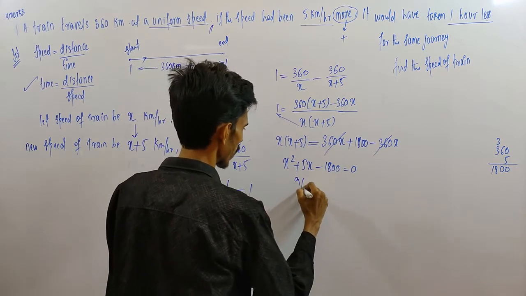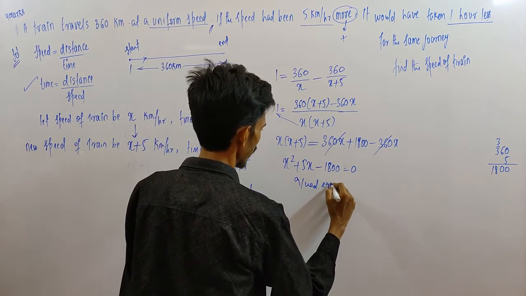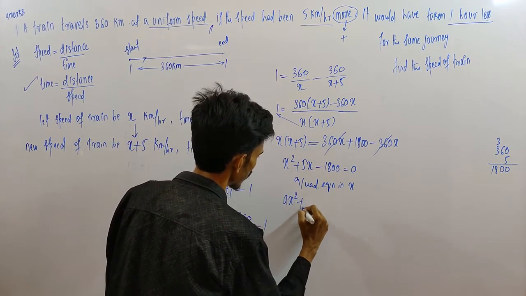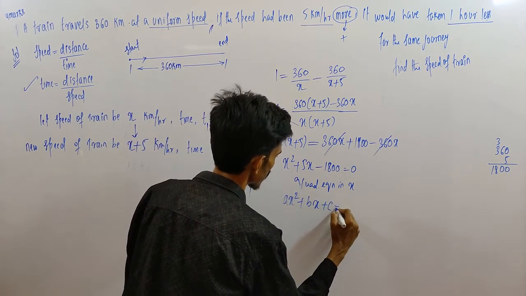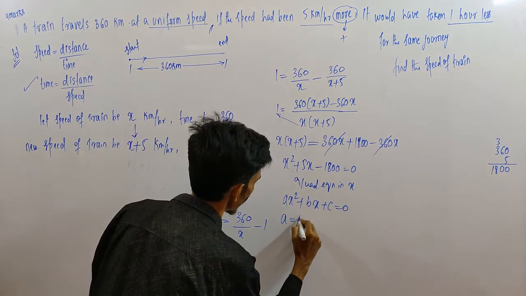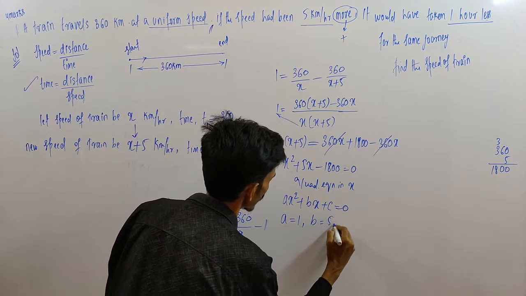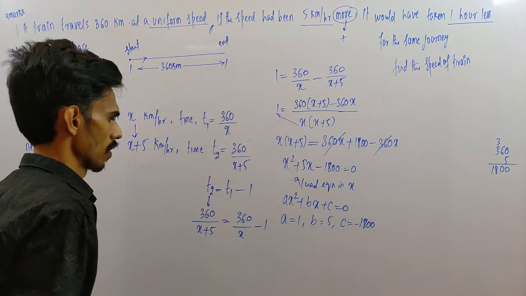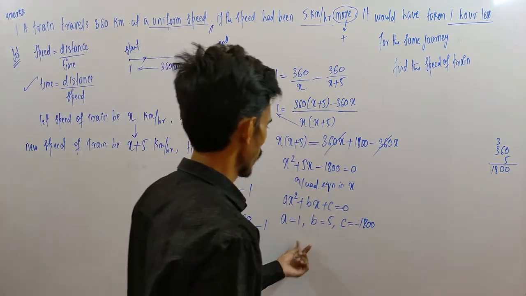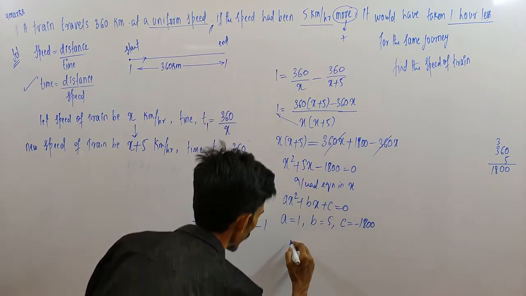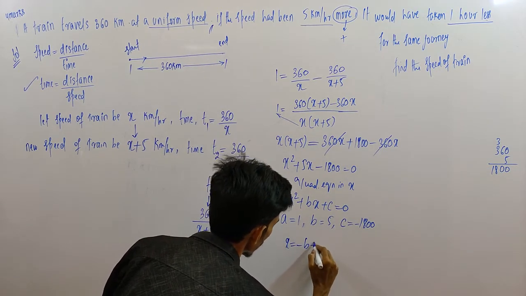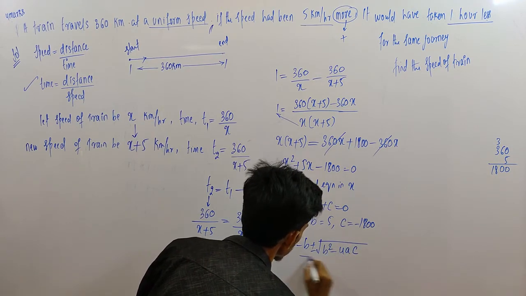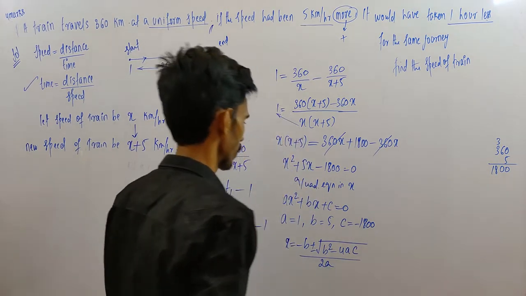This is a quadratic equation in x. Compare with the standard equation ax square plus bx plus c equal to 0. We have a value as 1, b value as 5, c value is minus 1800. Formula for the root: x is equal to minus b plus or minus root over b square minus 4ac, divided by 2a.